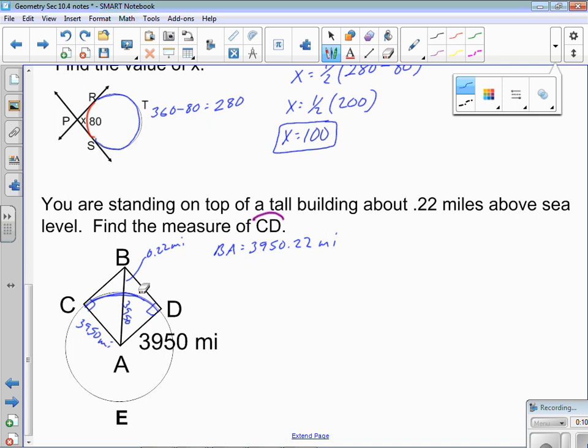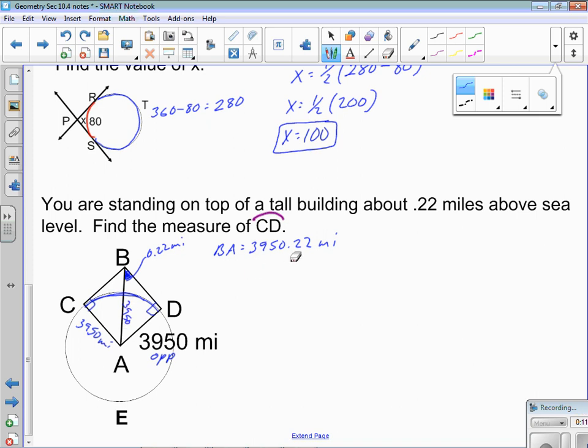And before we can really put that into use, we've got to come up with the measure of this angle, CBD, which would be hard to do the whole thing at once, but if we just look at one side, since we basically have two right triangles attached here, if we look at this one right triangle here, from angle B up here, you've got 3,950 miles, which is opposite of that B. And then BA would be the hypotenuse, right?